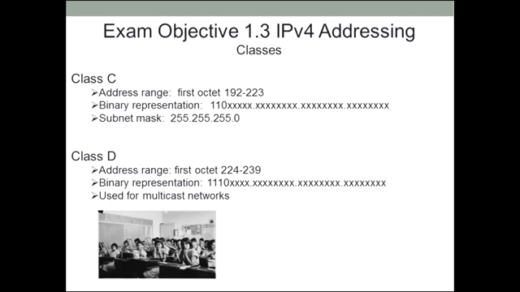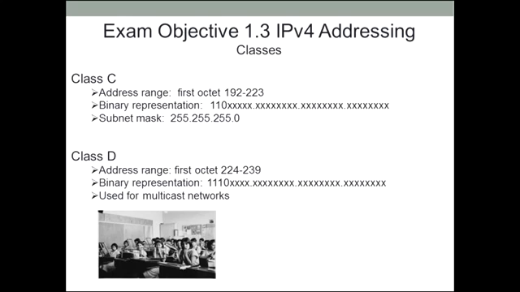And that means that there were 2 to the 24th power networks available, and each of those networks had a possibility of 255 hosts. Much more useful for smaller networks, so on and so forth. But a whole bunch of Class C networks were available.